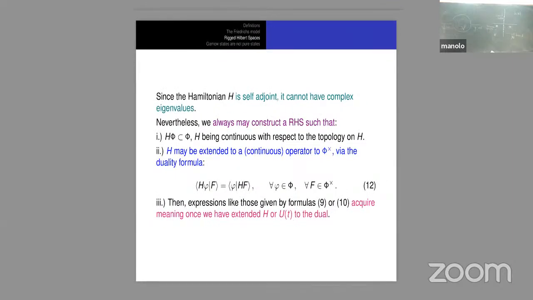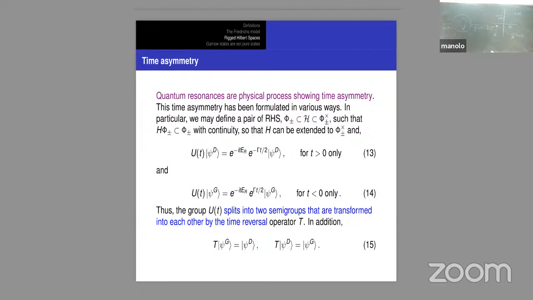But we can construct this extension in a typical way by using a duality formula, like the one that appears here in number 12. It is interesting to insist that there are two gamma states, each one corresponding to one of the elements of the pair of poles given by the resonance, and it is also interesting to note that they are time reversal of each other.